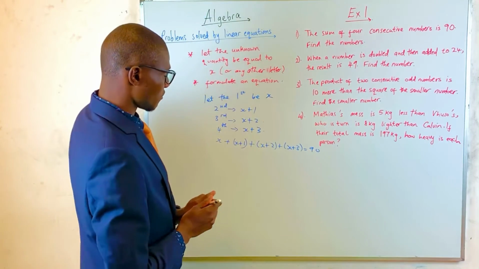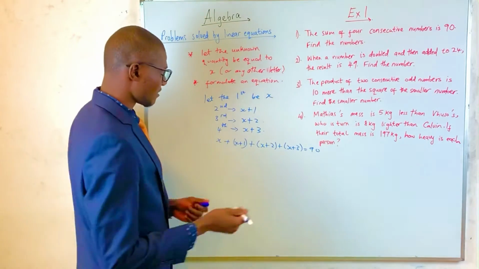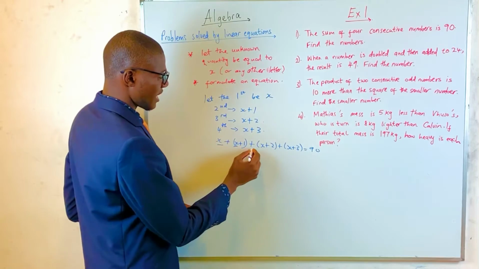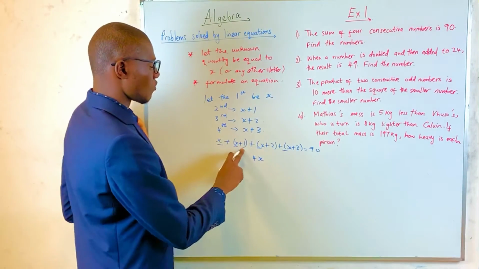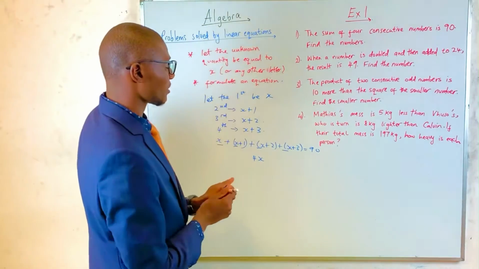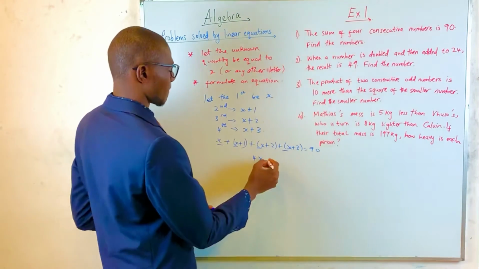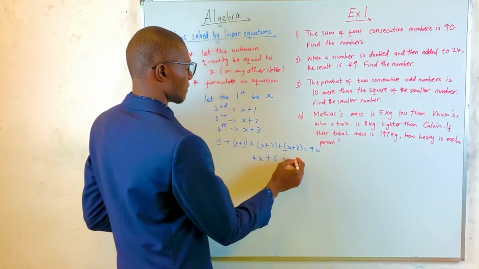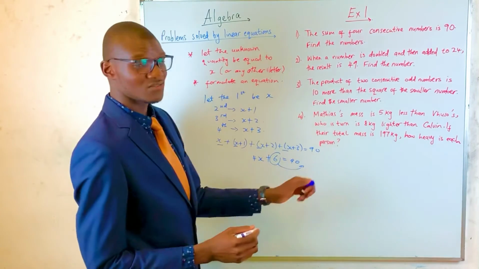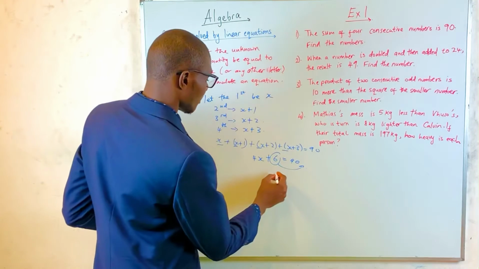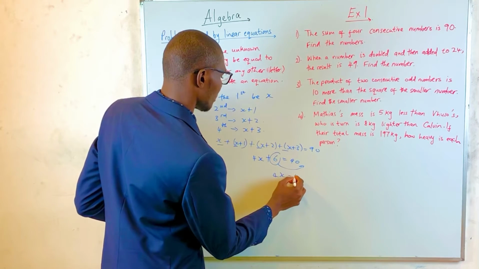If we remove the brackets, nothing really changes. It's simply x plus x plus x plus x, which gives us 4x. Then 1 plus 2 is 3, and 3 plus 3 is 6, equal to 90. To solve the equation, we take the positive 6 to the right hand side, so 4x is equal to 84.